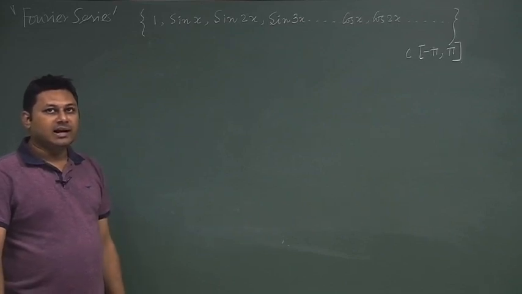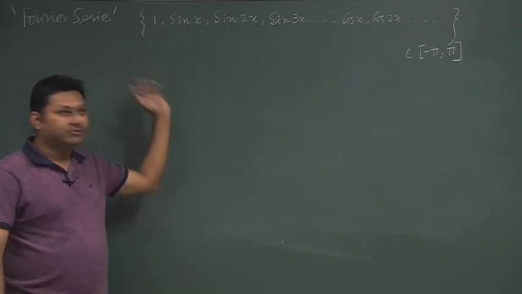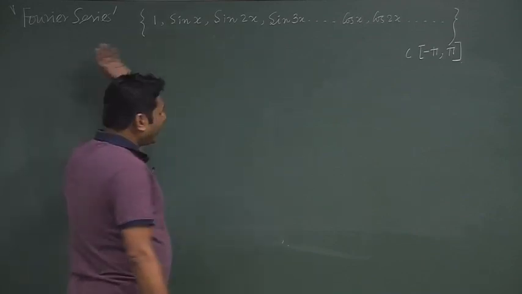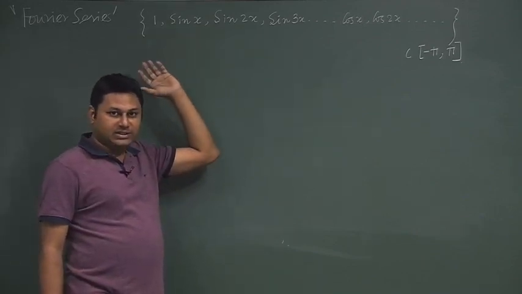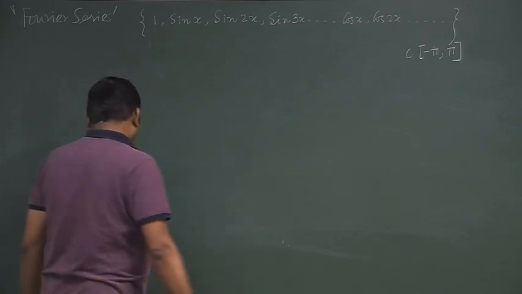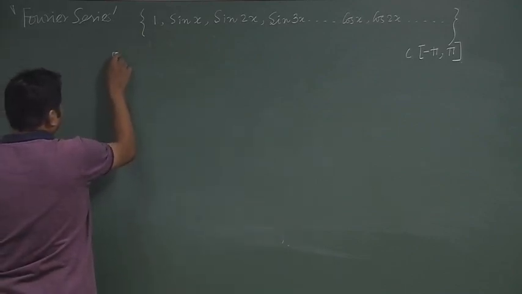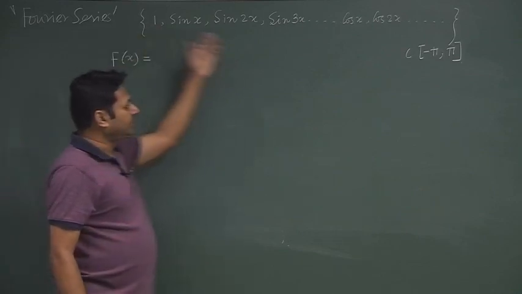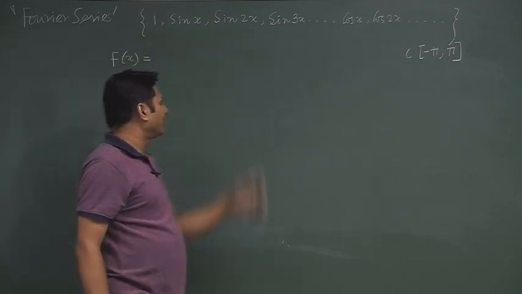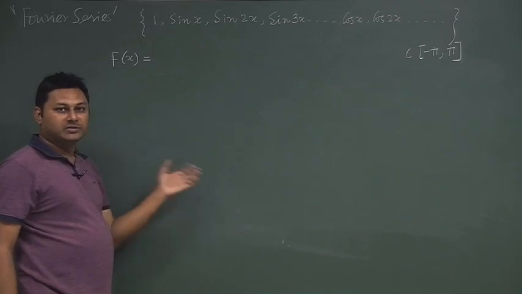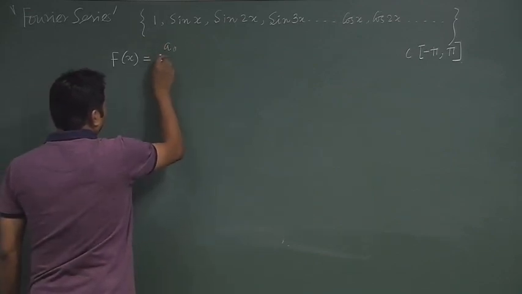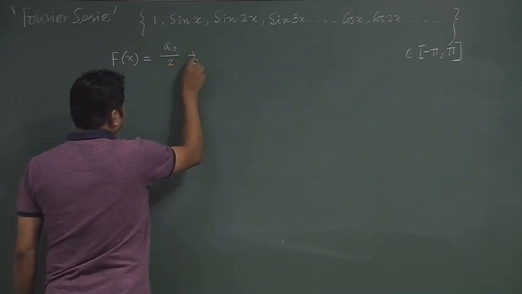Second thing is that these functions are also orthogonal to each other. Now, I know a set of orthogonal functions, so any function can be represented in terms of this set of functions according to whatever we have learned so far. So, I write this in this way.